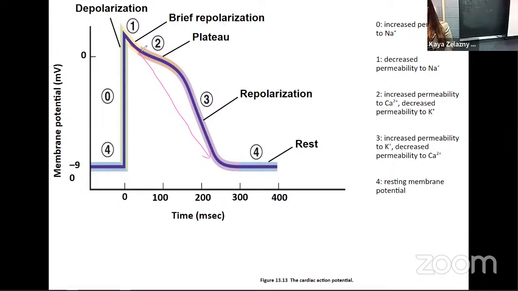Right, so instead of going straight down, we start to plateau because that influx of calcium keeps our membrane potential up for a little while. But then as the permeability to calcium decreases and we allow potassium to flow out of the cell, we finally actually repolarize down to our resting level.